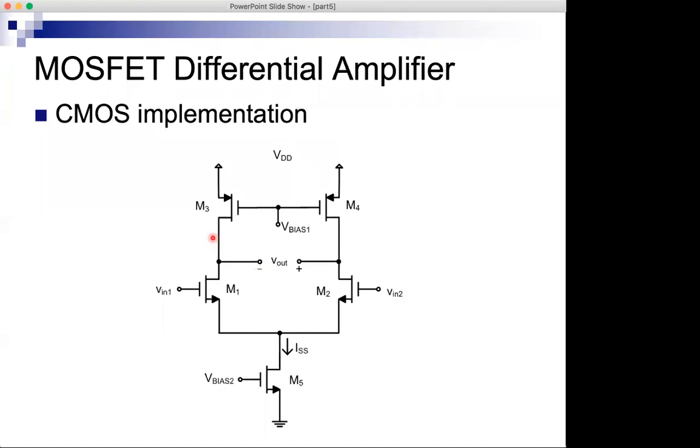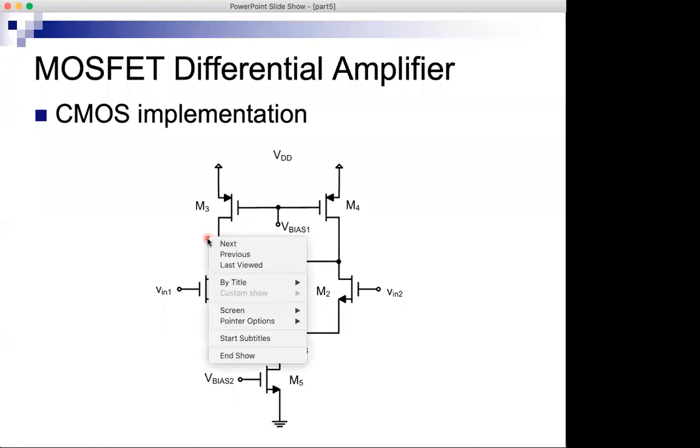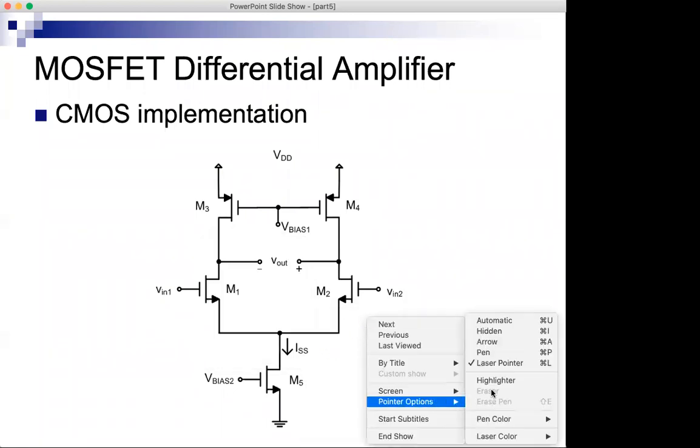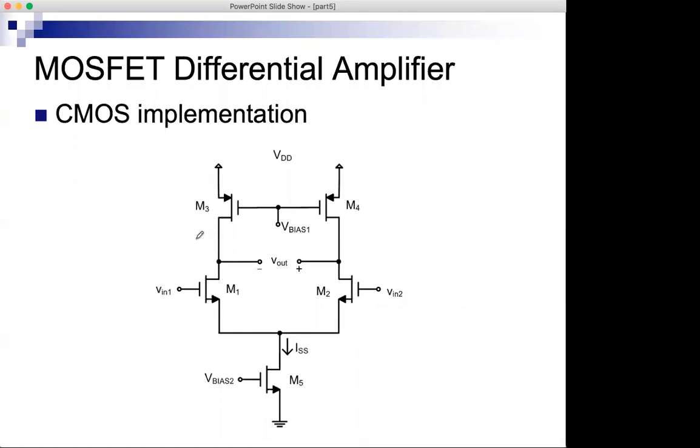Here we have to consider how M3 and M4 affect the rest of the circuit.